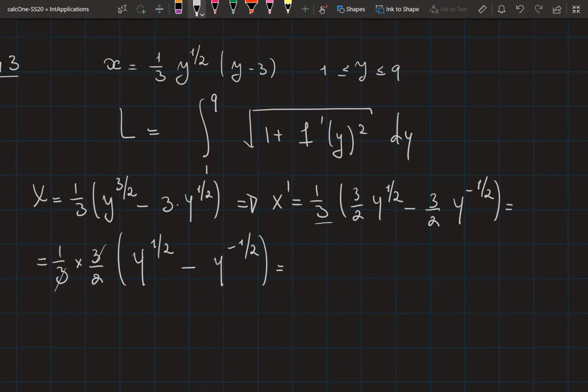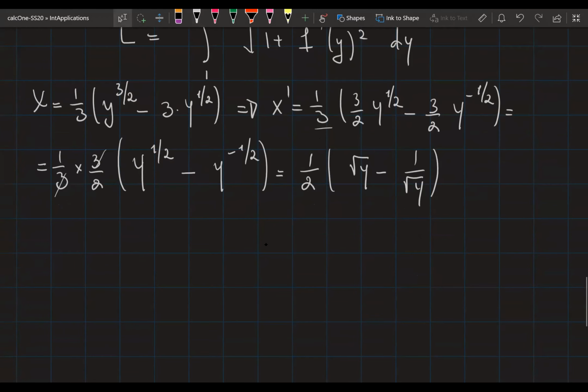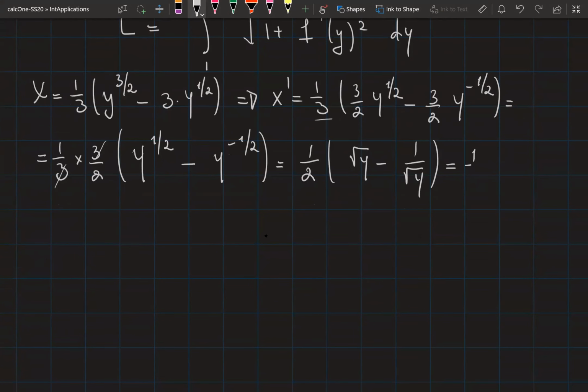I can cancel the 3's, and we will have 1 over 2 times the square root of y minus 1 over the square root of y, right? Because the minus tells you that this term should go to the denominator. If you give the common denominator, what you obtain is 1 over 2 times y minus 1 divided by the square root of y. Good, so this is the derivative of x.